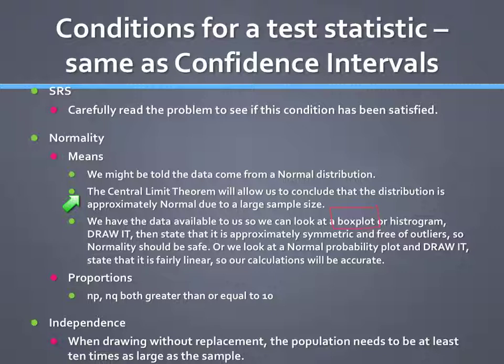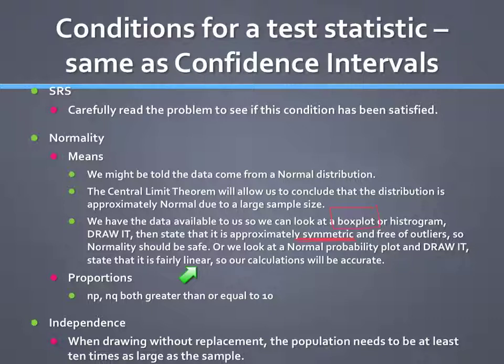Draw it. You want to see that the graph is approximately symmetric. Don't call it normal because a box plot can't tell you whether or not data is normal. Or your other option is to look at a normal probability plot, draw it. Hopefully it's fairly linear so we know our calculations will be accurate.